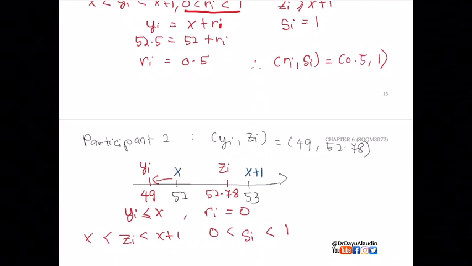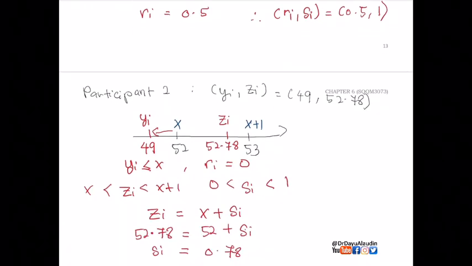So how do we determine the Si? So Zi is actually x plus Si. So Zi is 52.78, x is 52 plus Si. So we will get Si is 0.78.